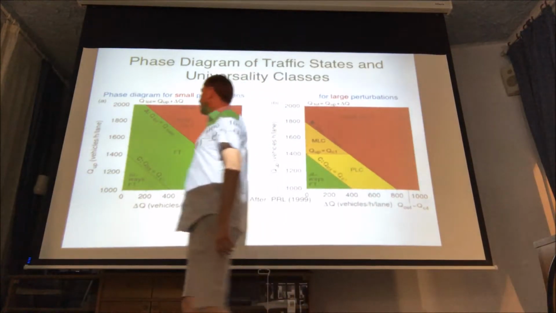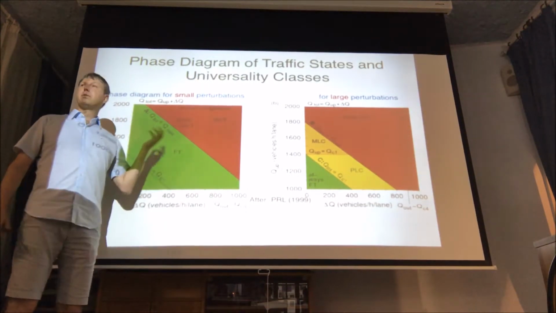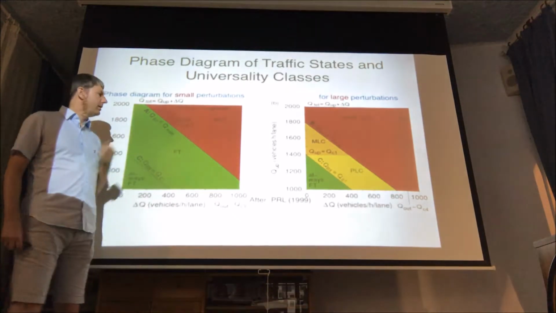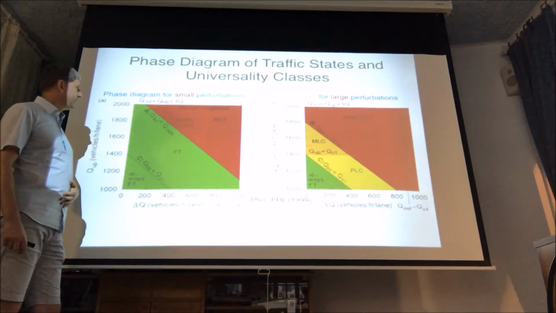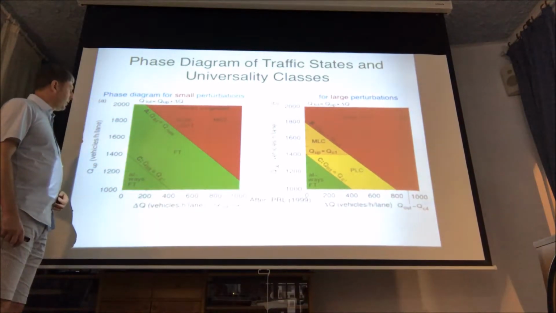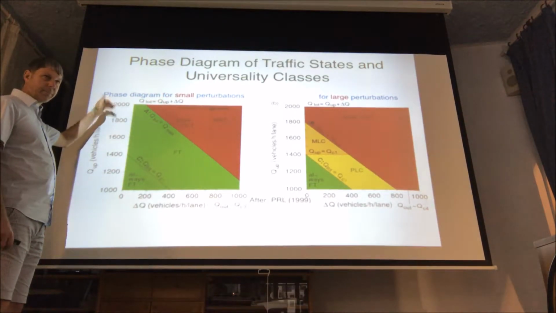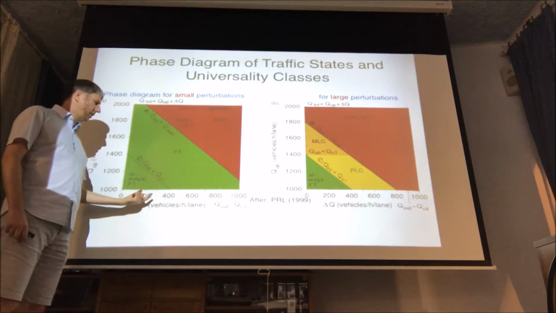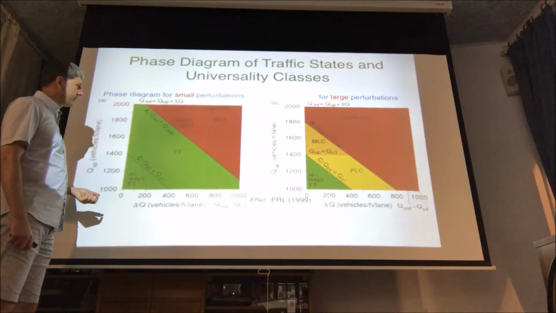Now, then you would get interested to ask, under what conditions do we find those different congestion states? And you would come up with a so-called phase diagram that tells you what traffic state occurs for certain flow conditions. So that's the upstream flow, upstream of the on-ramp. This is the ramp flow, or bottleneck strength, as we sometimes call it.